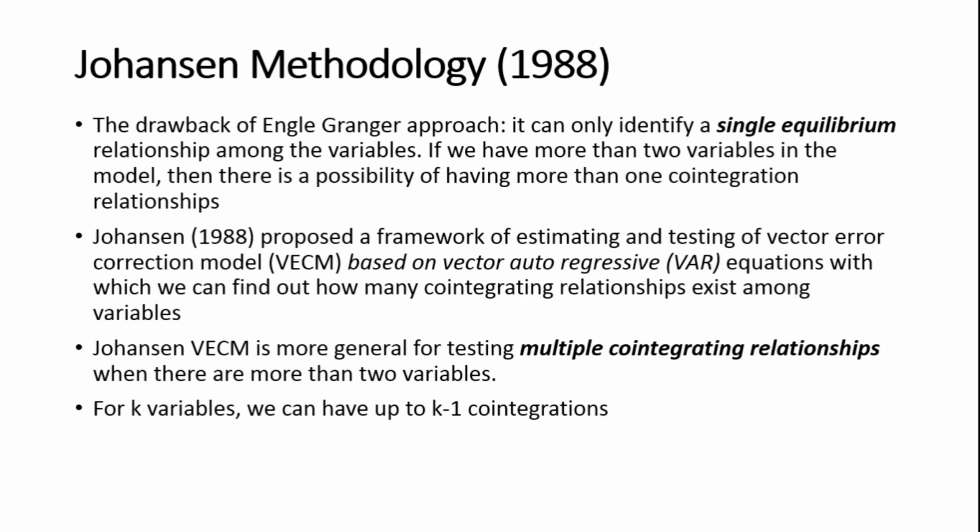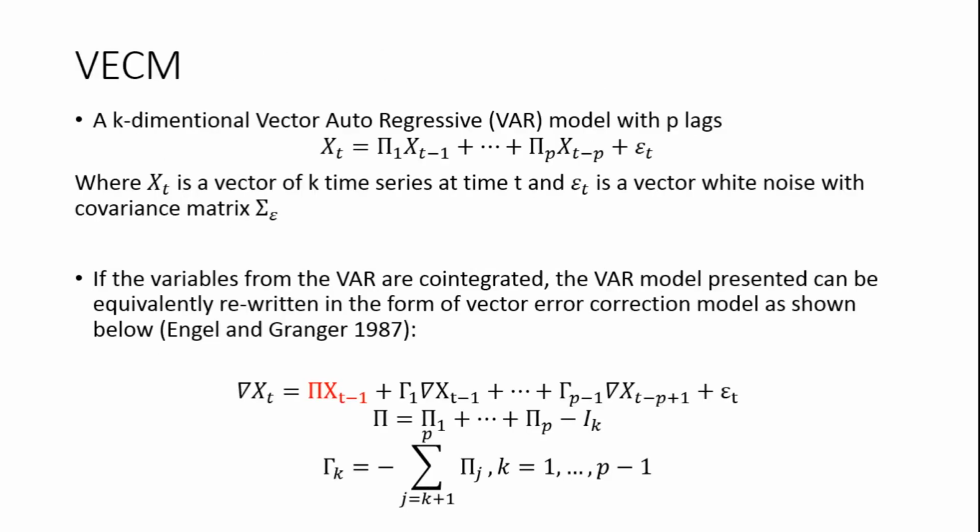The Johansen vector error correction model is more general for testing multiple cointegrating relationships when there are more than two variables. For k variables, we can have up to k minus 1 cointegration relationships.